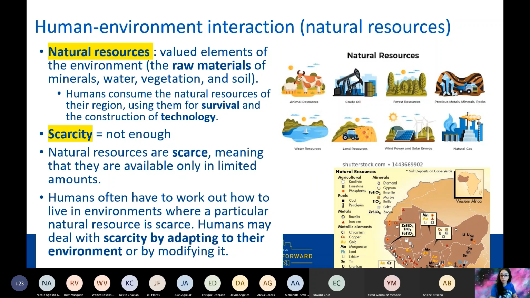So scarcity and natural resources are a huge concept. As Isabella notes, they are the opposite of surplus. A great way of remembering those two together. And if we think ahead to our study of economics, economics is all about making choices about how to use scarce resources. So those two things tie together.